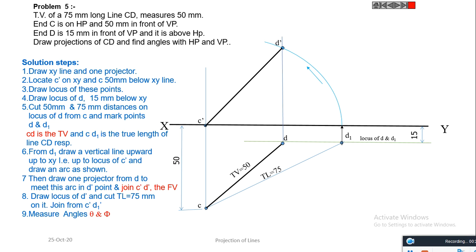We get the front view of the line. That is C dash D dash, the front view of the line. Draw locus of D dash and cut the true length 75 millimeter on it. Join that point C dash D1 dash, and we get the angles theta and phi.